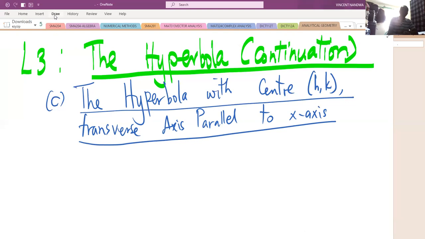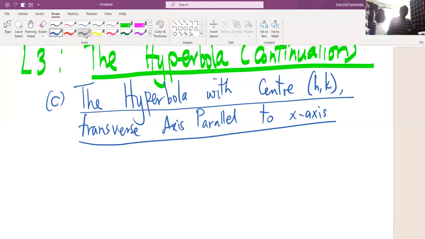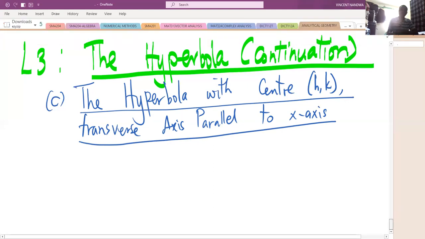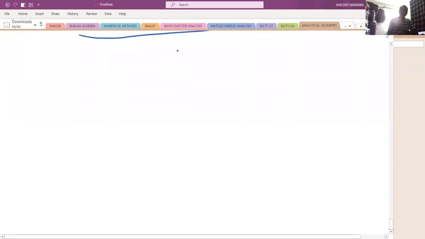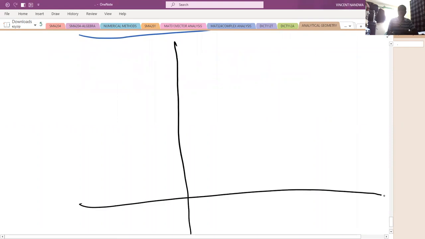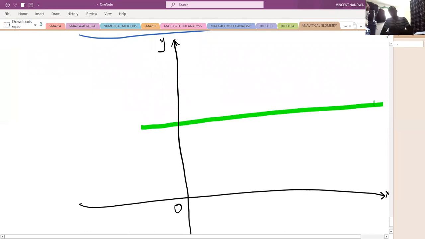So let's draw the sketch. The x-axis, the origin 0, and the y-axis. So we are saying that this is going to be our transverse axis, which is parallel to the x-axis.